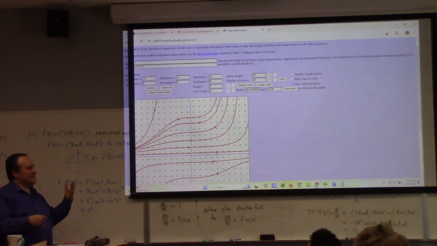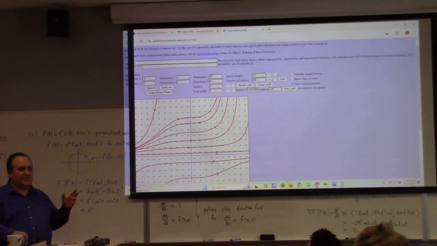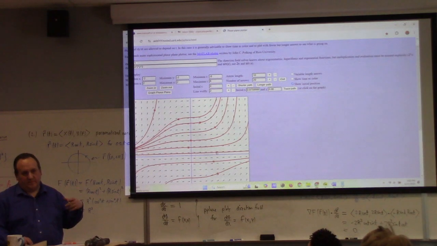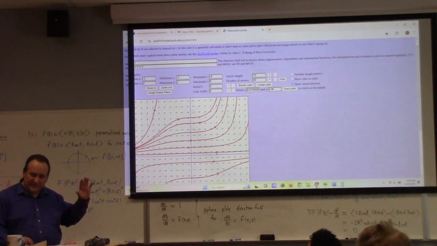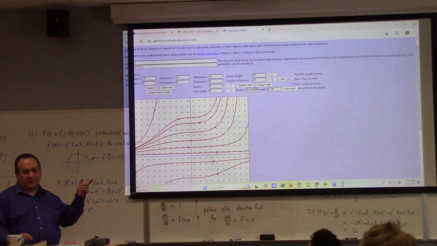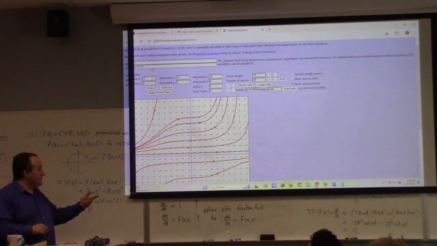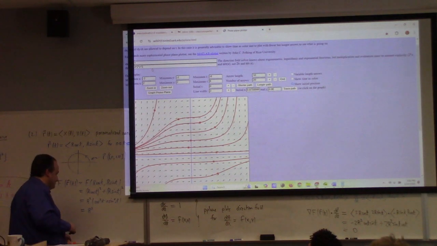for dy/dx equals f of x comma y. The thing is, this particular tool is set up for a system of differential equations, right? But we're not there yet. We can still use it if we do this little trick, which is to put dx/dt equal to 1, and then put dy/dt equal to whatever we're interested in looking at. Now we could solve this one, right?